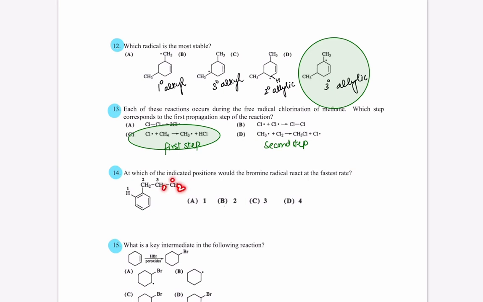Here, it's going to be a secondary radical. But here, it's going to be an allyl radical, right? So if I'm going to pull the hydrogen here, it's going to create a secondary allyl radical, which is definitely more stable. And therefore, the right answer here is going to be 2.